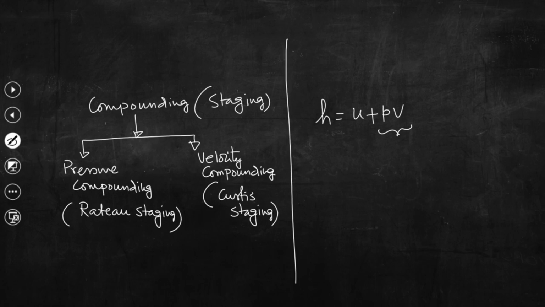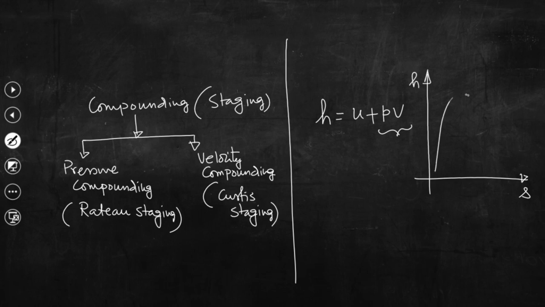So if we look at the h-s diagram, this is state 0 and this is the total state 1.